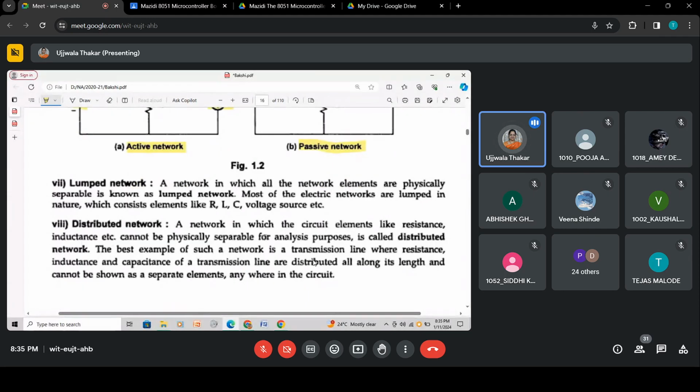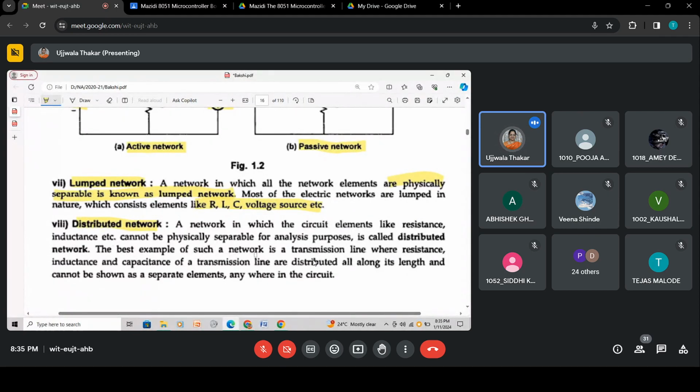Now the next one, and this is probably the last one: the lumped network and the distributed network. A network in which all the network elements are physically separated is known as a lumped network. Most electrical networks are lumped, in which the elements are R, L, C and voltage sources.